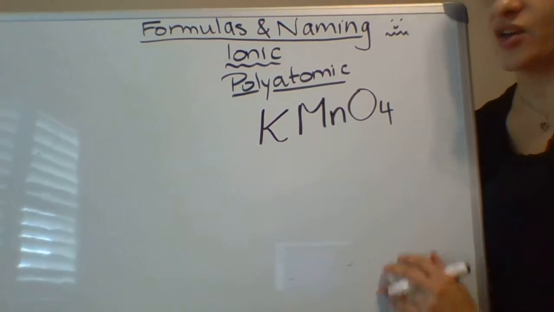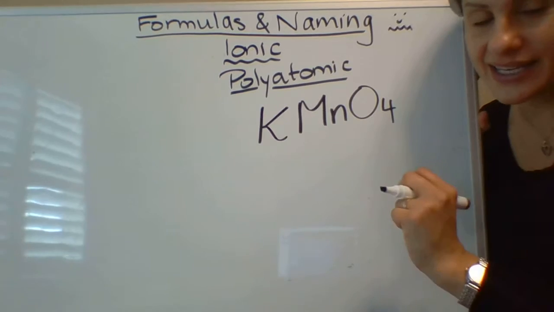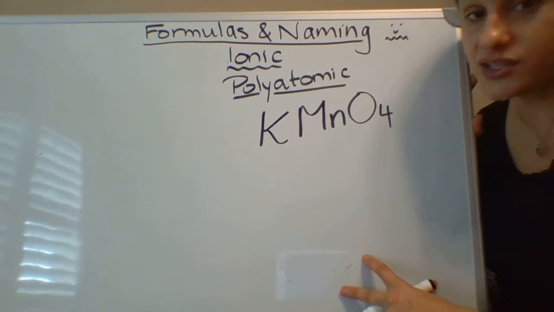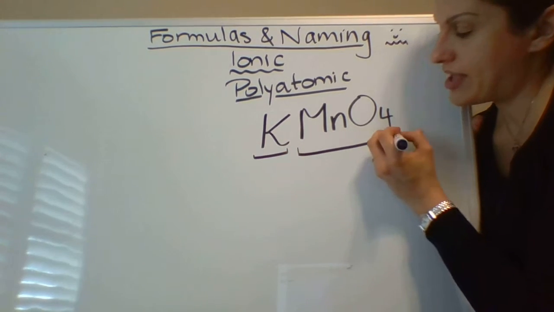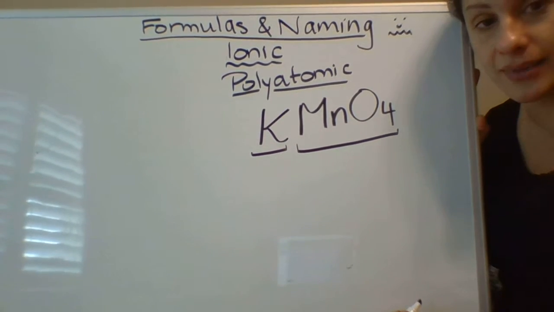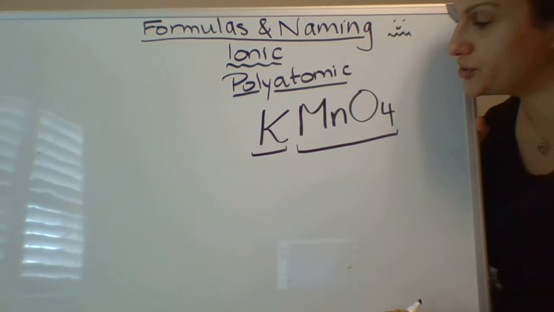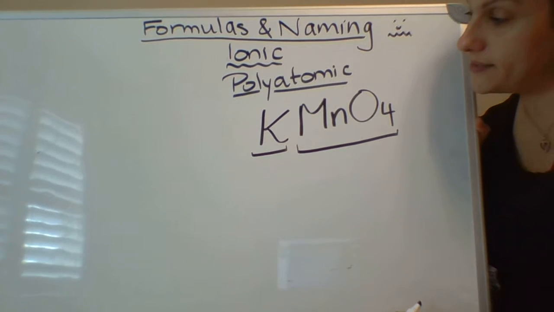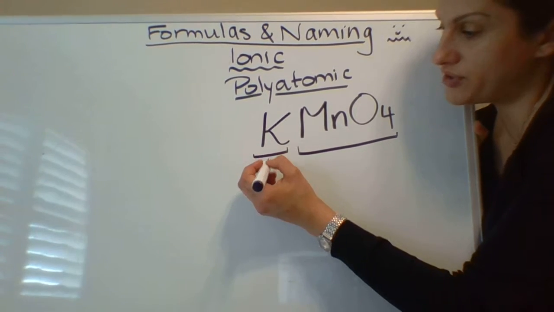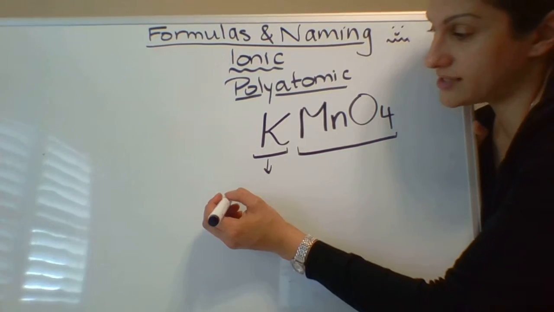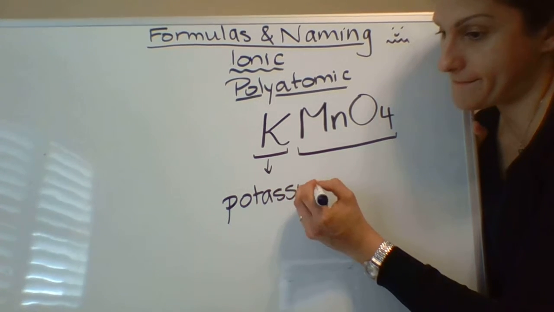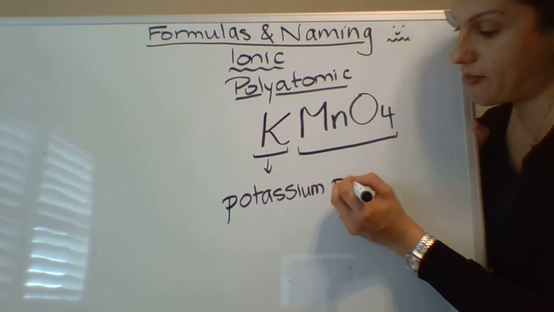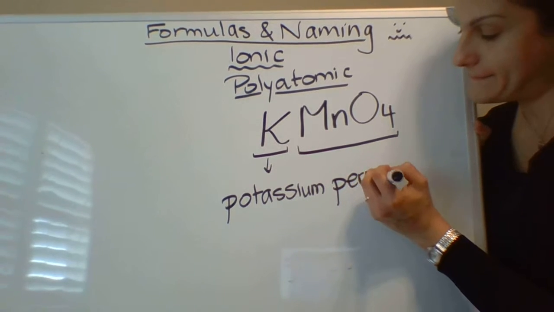If you had studied the list of the polyatomic ions, you would recognize that this is potassium and this is a polyatomic ion that we refer to as permanganate. If this is the formula, you will put the name of the cation, like we said before, that hasn't changed, so that would be potassium. And then you say permanganate.